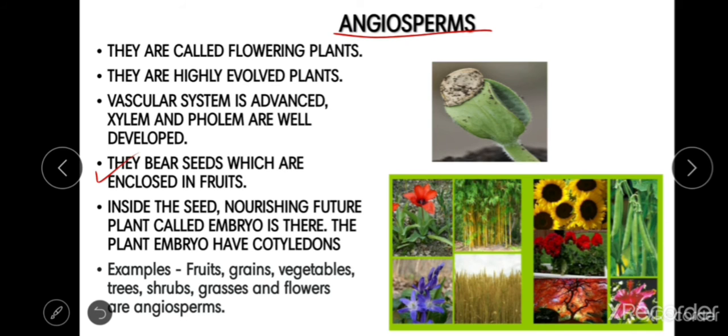Cotyledons are basically the seed leaf. Here you can see these are cotyledons. And in this picture you can see a very diverse group of angiosperms.